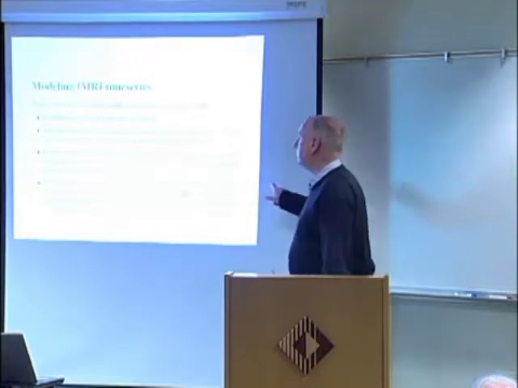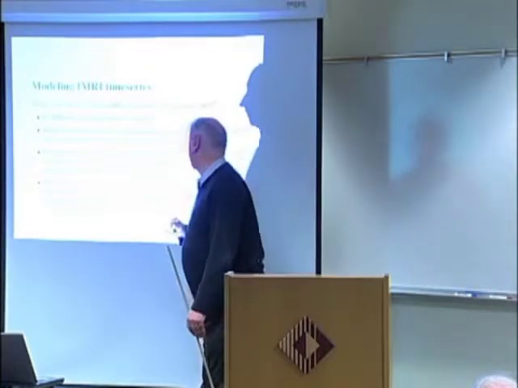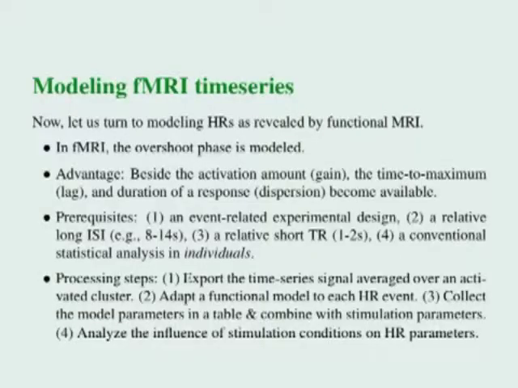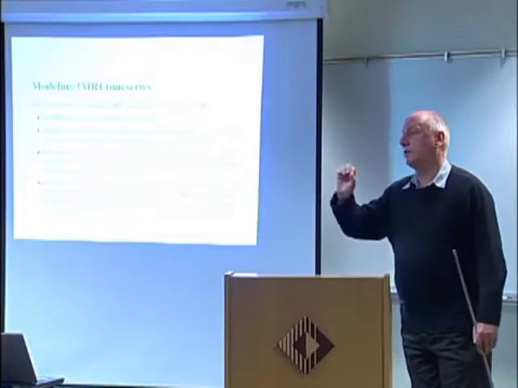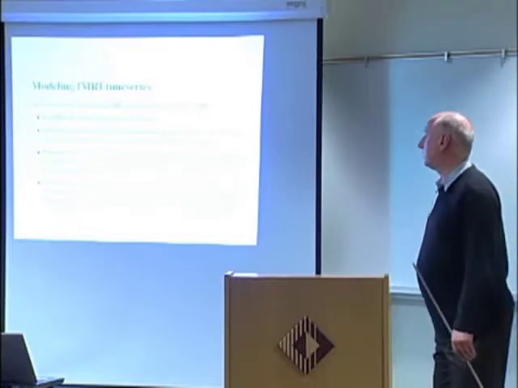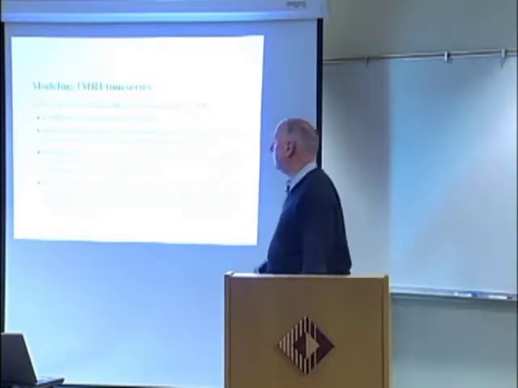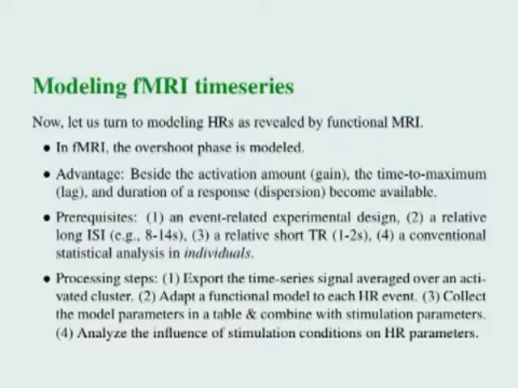So what you then do are the following processing steps. You export the time series signal averaged over an activated cluster. So you have your individual activation maps, you just select a cluster of voxels, average the time series over that cluster of voxels, and export that. And then you can adapt a functional model to each hemodynamic response in your series.